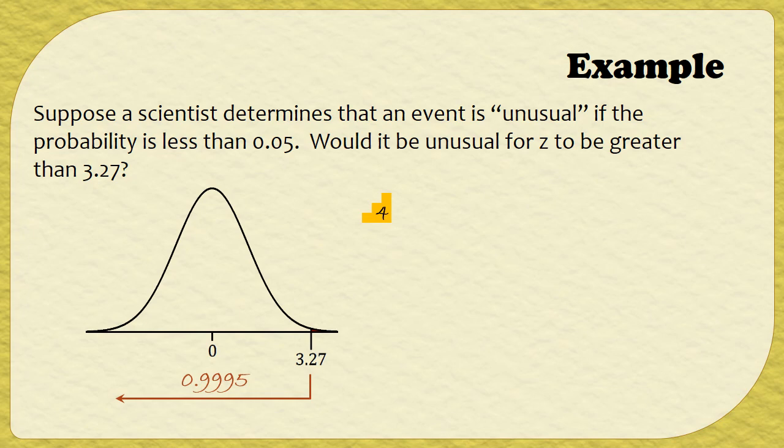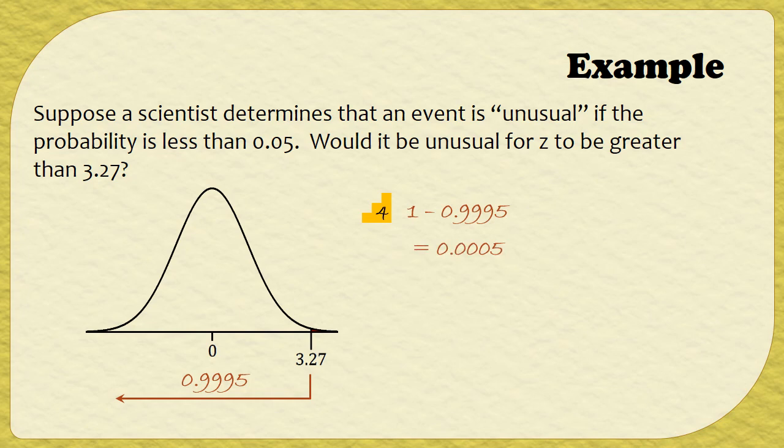So in this case, we're going to subtract 0.9995 from 1. And this will always be the case for greater than problems. Whenever you're looking for the probability of a value being greater than something, you're going to subtract the probability from 1. When I complete that step, I end up with 0.0005.